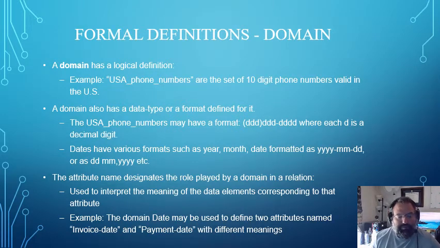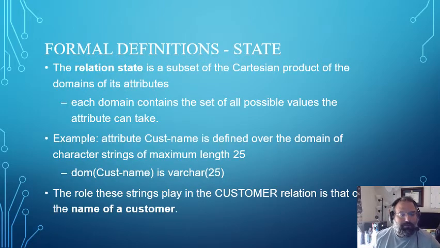An attribute name designates the role played by a domain in a relation, used to interpret the meaning of the data elements corresponding to that attribute. For example, the domain date may be used to define two attributes named invoice date and payment date with different meanings. The relation state is a subset of the Cartesian product of the domains of its attributes.